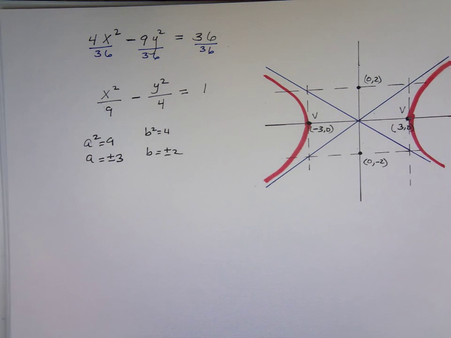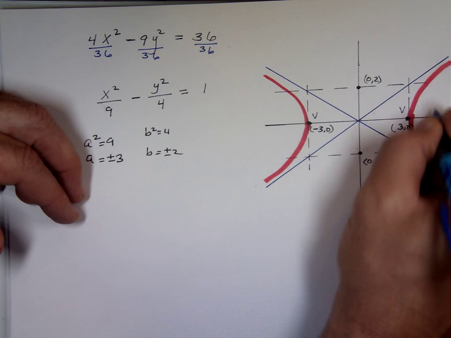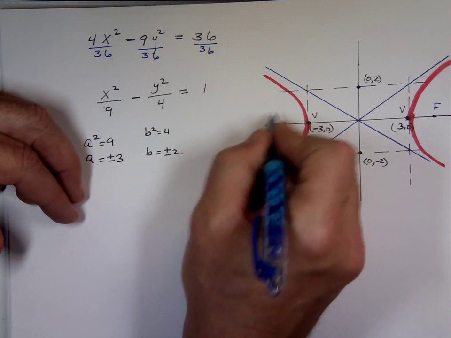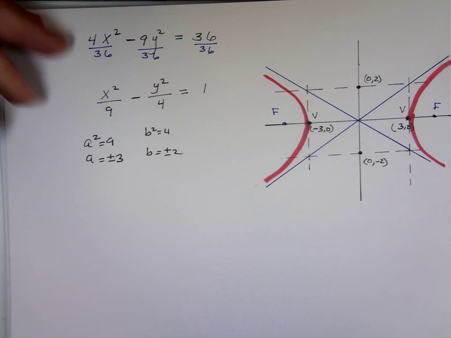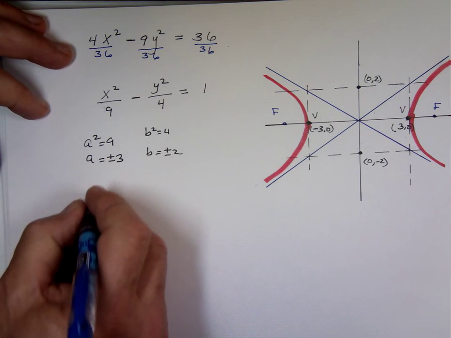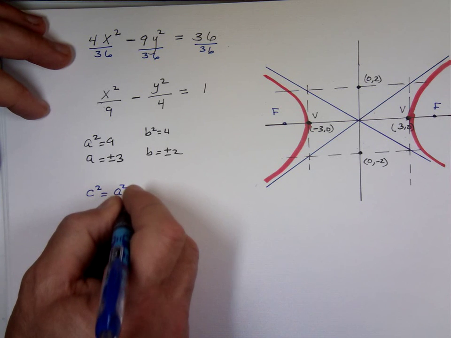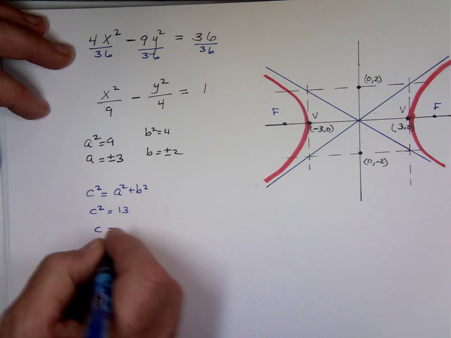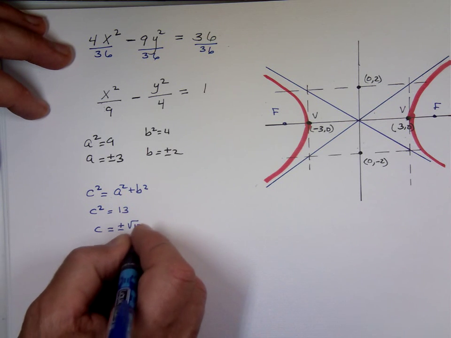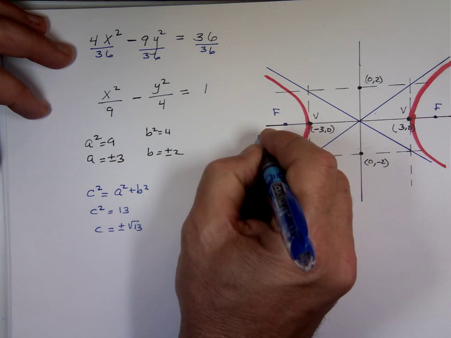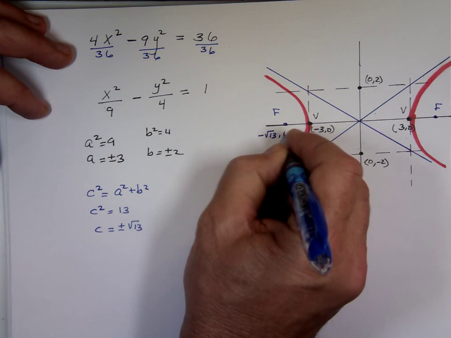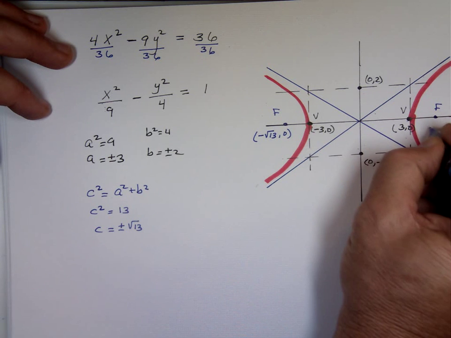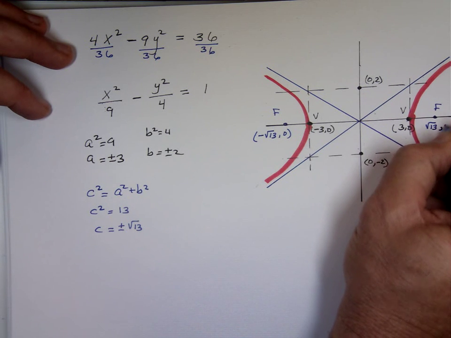That's what the graph will look like. Again, I just got to find the focal point here and the focal point here. C squared equals A squared plus B squared. C squared equals 13. C equals plus or minus the square root of 13. So that's negative the square root of 13, and the y value is 0. And this one, the square root of 13, comma, y value 0.